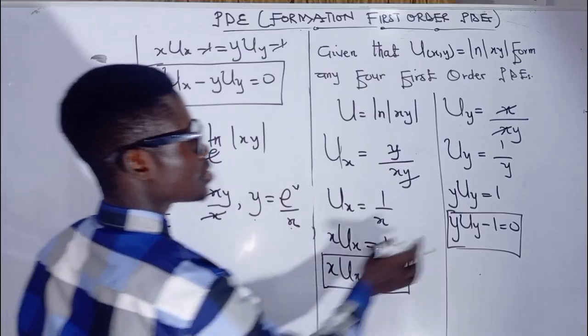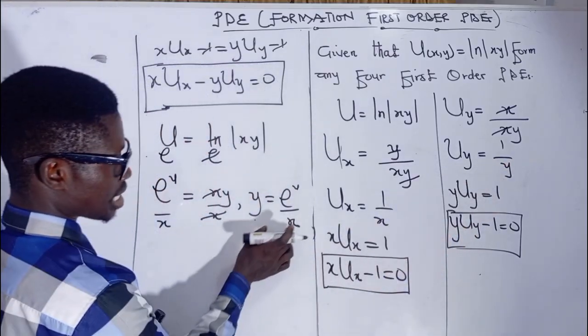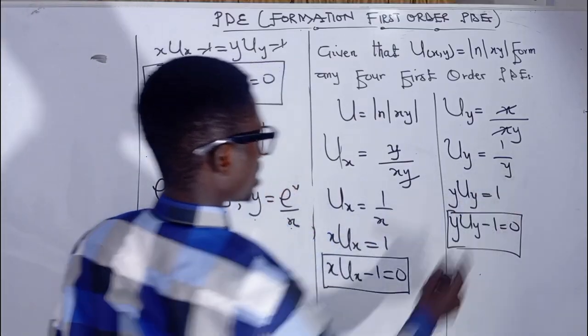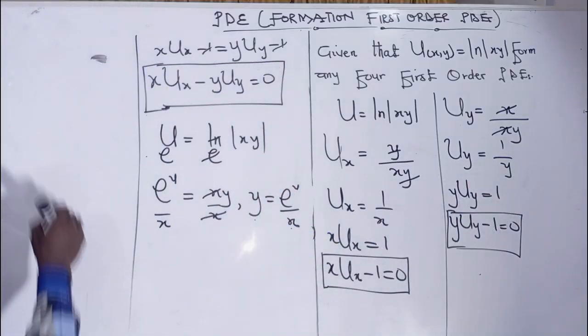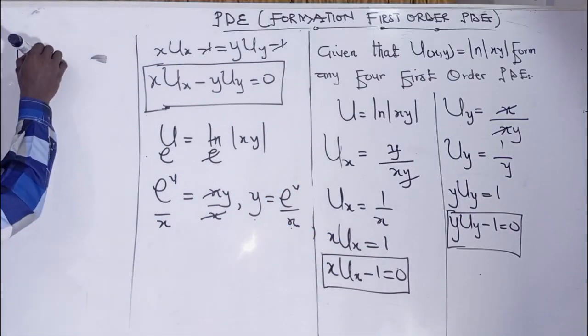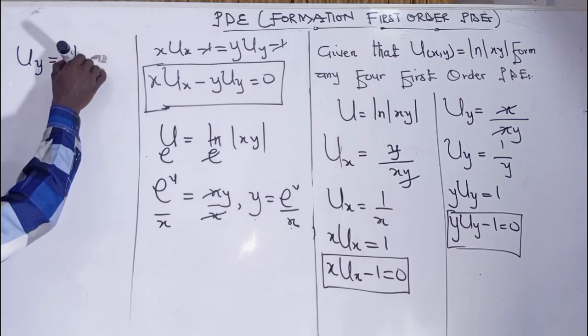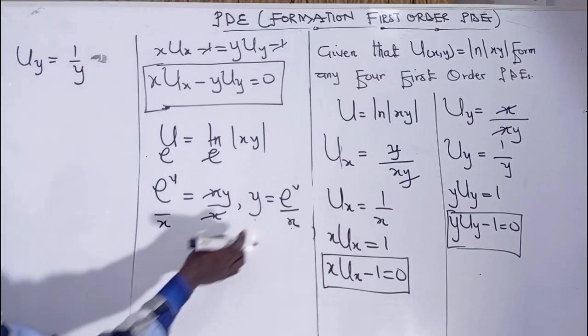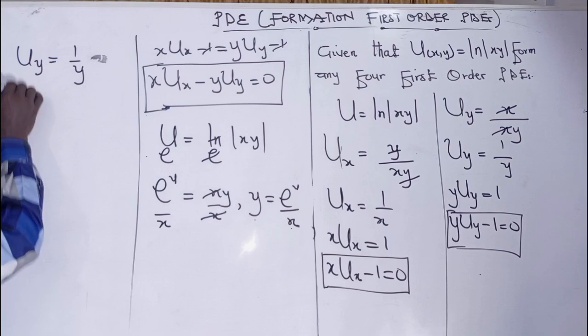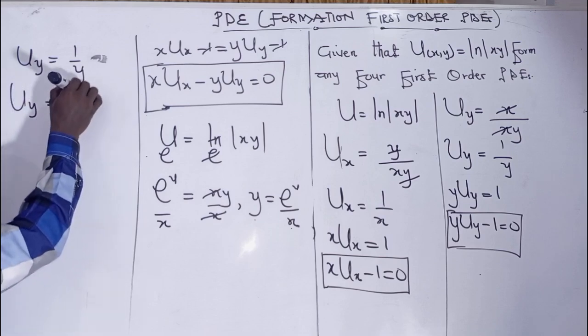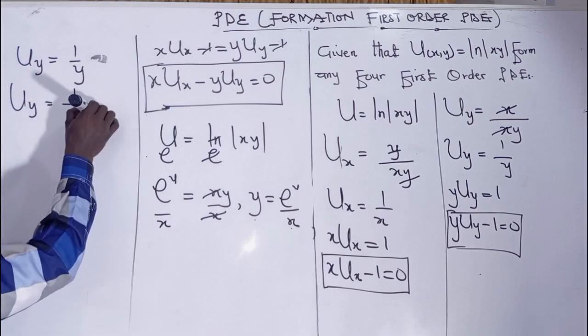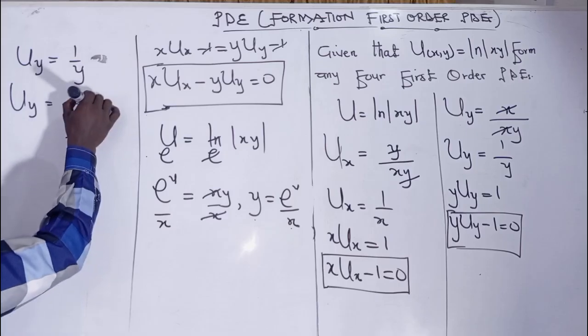So once we have this, we are going to pick this equation and then substitute y in place of that. So we have uy is equal to 1 all over y. And we are saying that y is equal to this. So we have uy is equal to 1 all over e power u all over x.